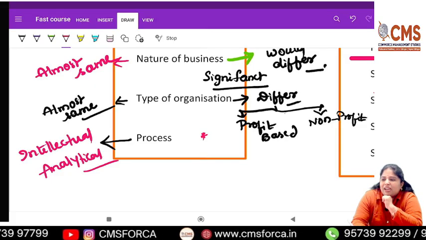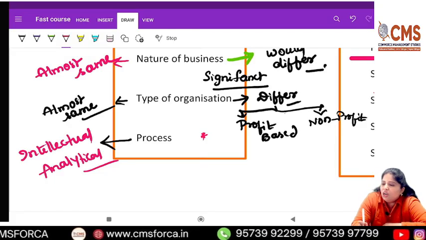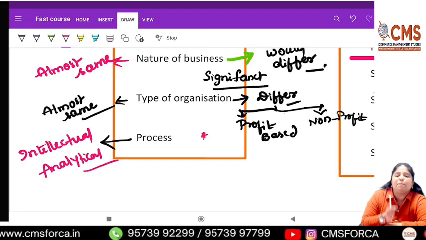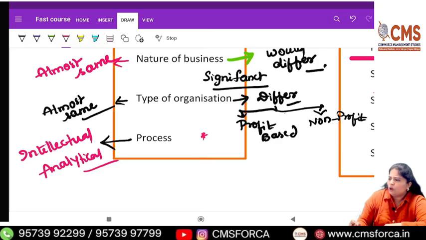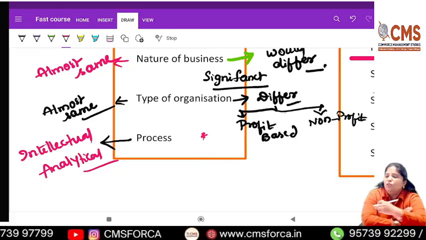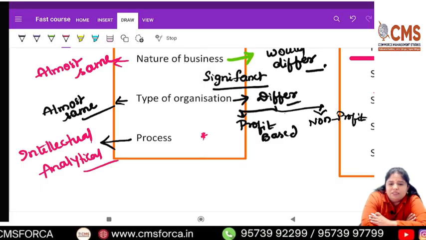Why? Because when strategies are formulated, we are going to formulate multiple alternatives, and all these alternatives have to be analyzed in depth. Deep analysis would be required. And to formulate alternatives, though we just write in one statement, formulate alternatives, don't you think it requires a lot of creative thinking, expertise, and skills?